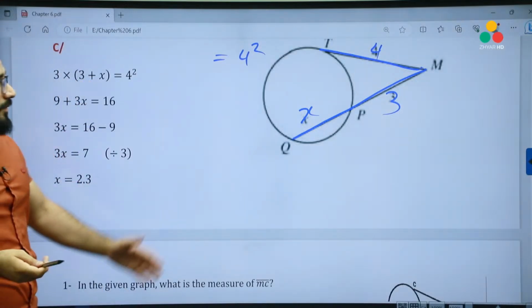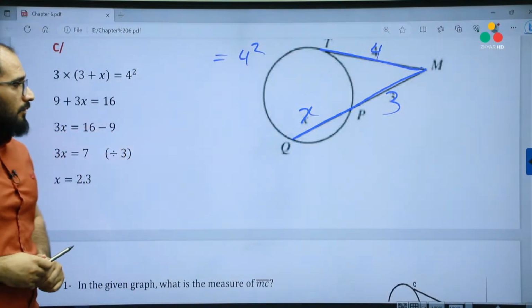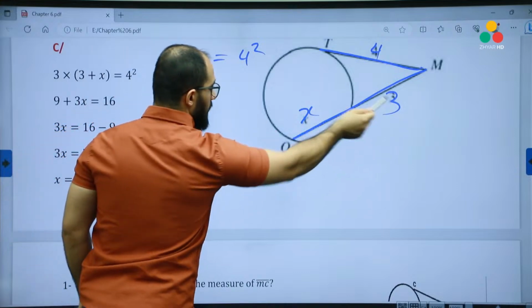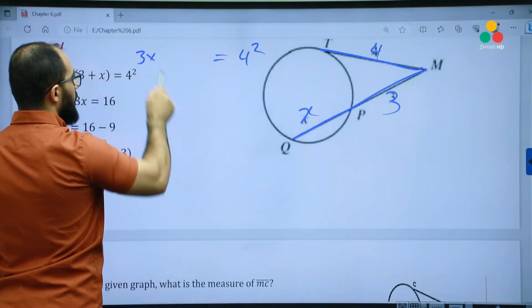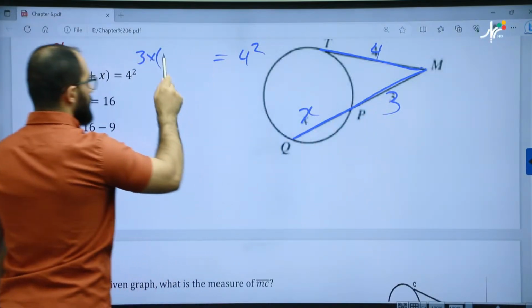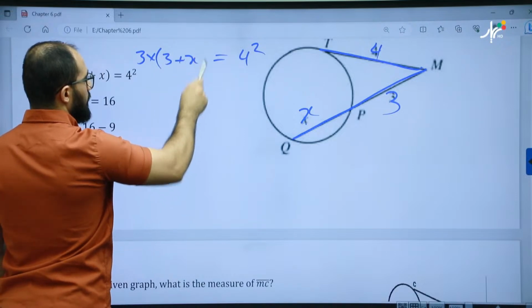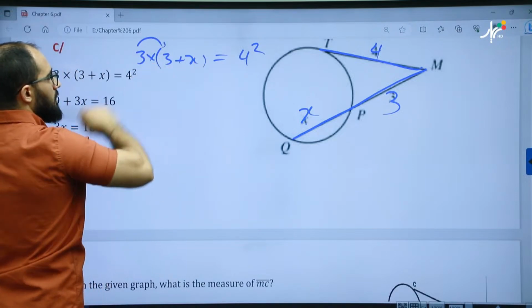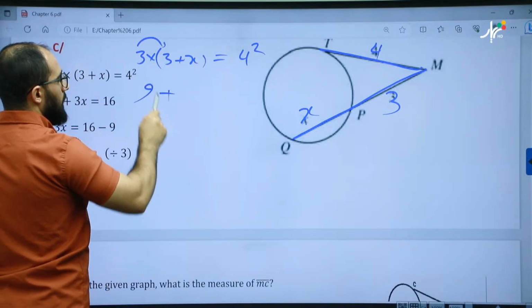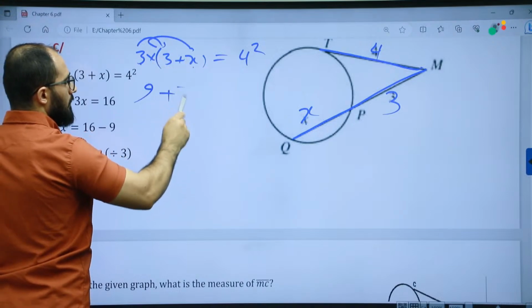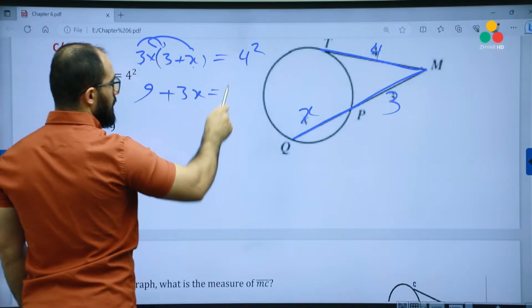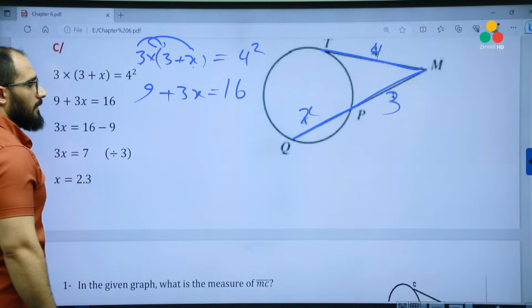It's 4, then 4 power 2. For the other part, 3 times 3 plus x. Okay, 3 times 3, 9, plus 3 times x, 3x is equal to 16.